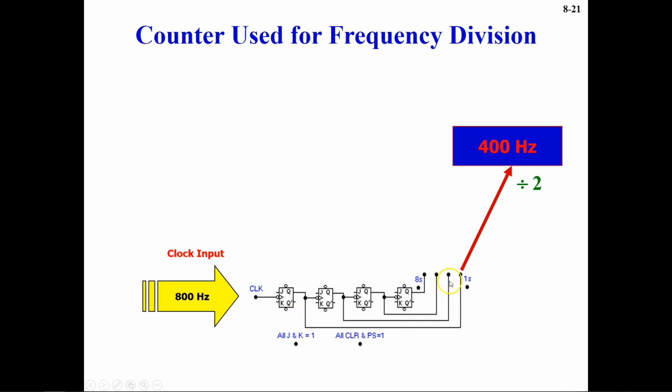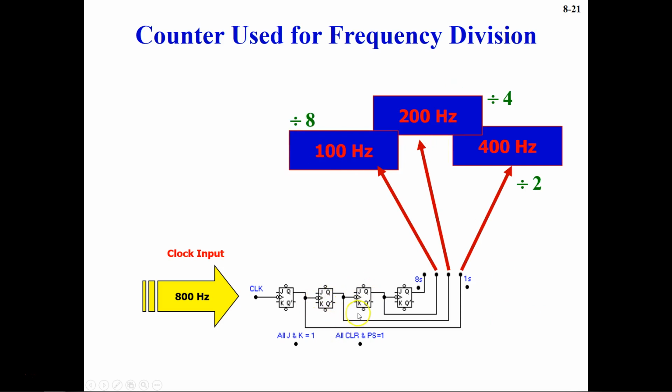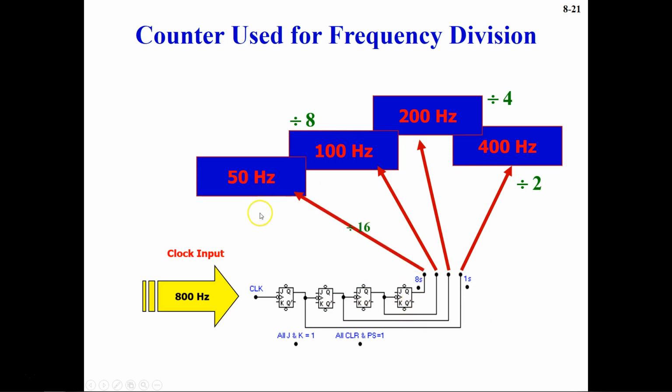And at the second flip-flop, it will be divided by 4, which will make it 200 hertz. And then further, if it goes through the third flip-flop, then the frequency will be divided by 8. And if it goes through the fourth flip-flop, then the frequency will be divided by 16. So this is the way we do it.